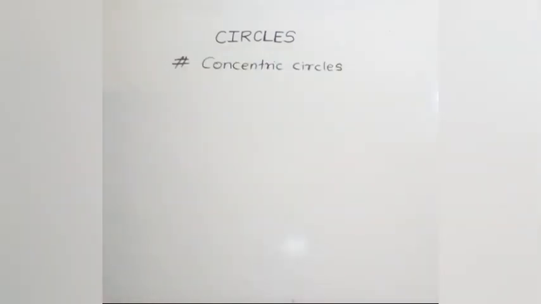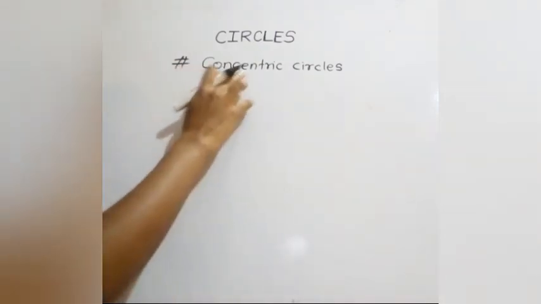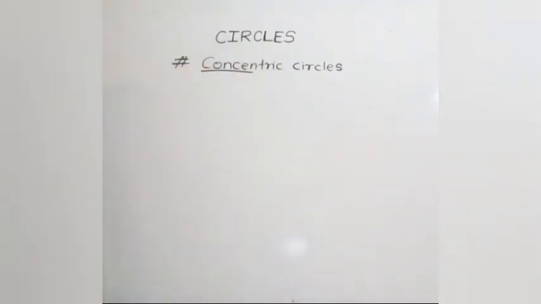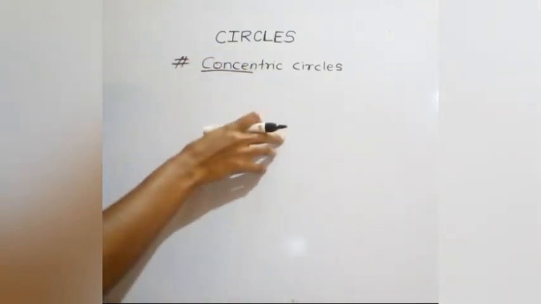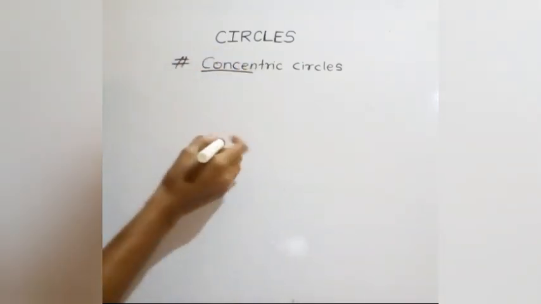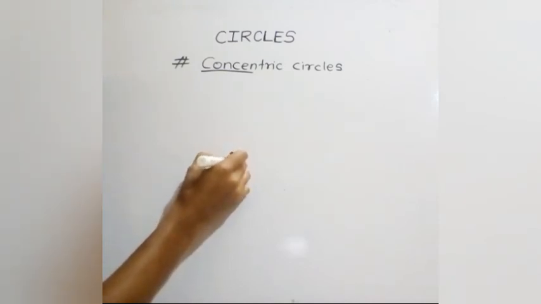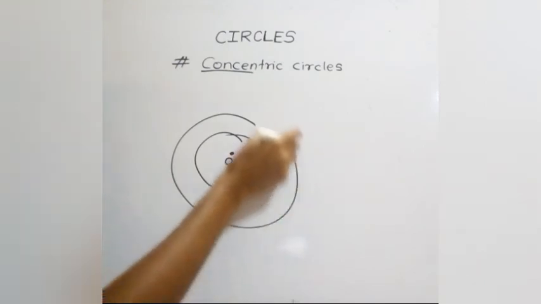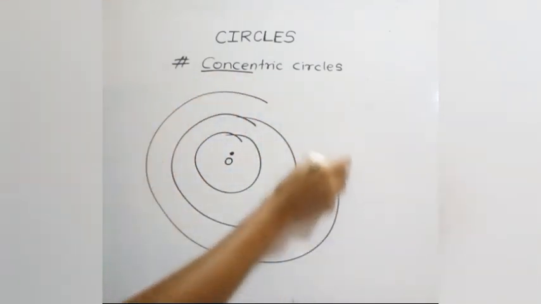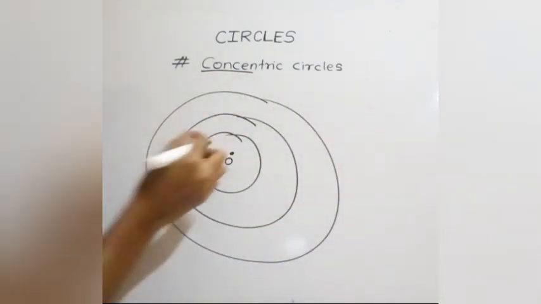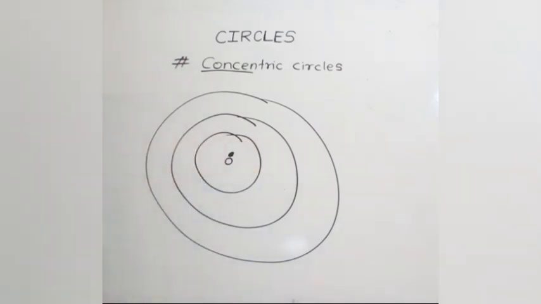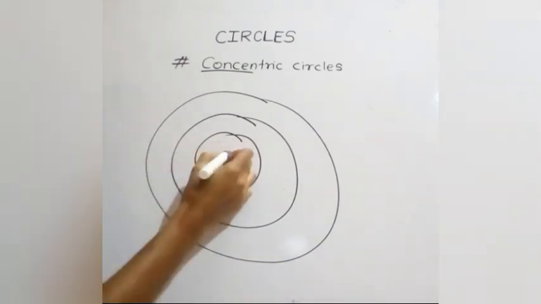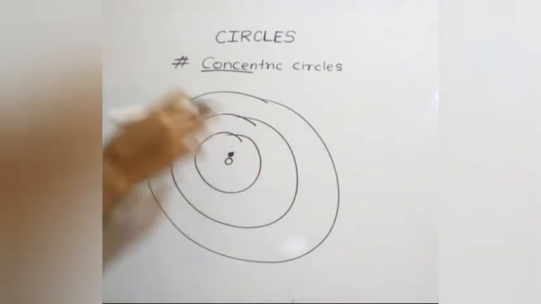Now let's understand what is a concentric circle. Concentric says that the circles have the same center. Suppose this is center O, and we draw a circle, then again this circle, then again this circle. So the center for all these circles is the same. Center O is the same for all these circles.